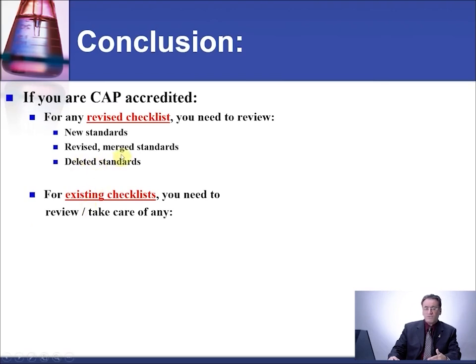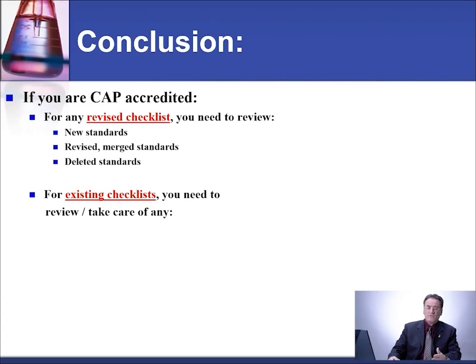What do you mean by merge? Merge means they combined two standards together, and you want to now make sure that your compliance is done for these two merged standards or more, or you want to move your compliance so your answer is written for that merged standard.